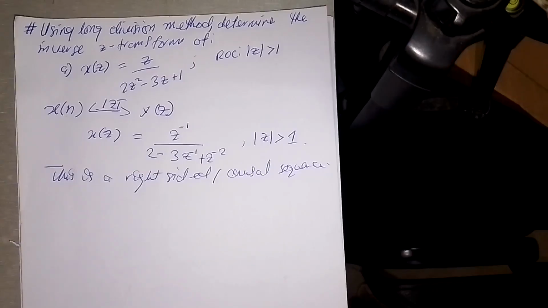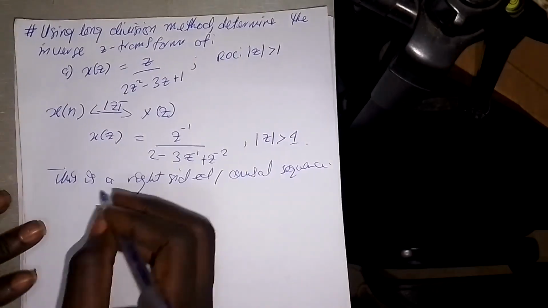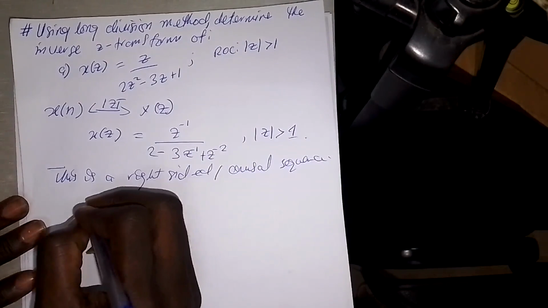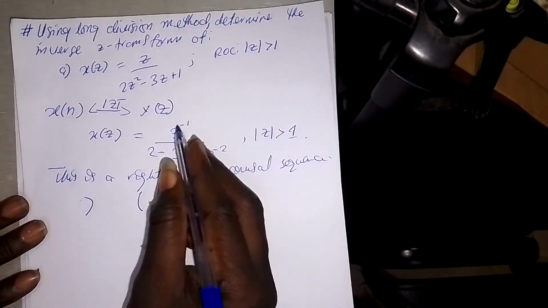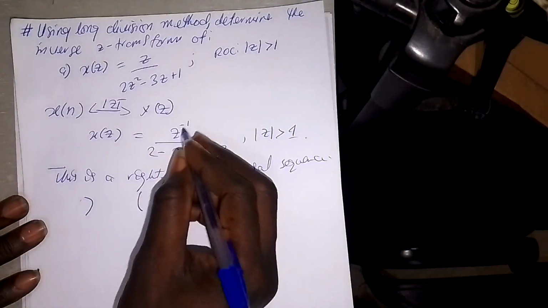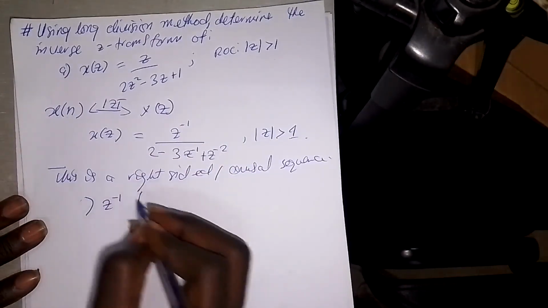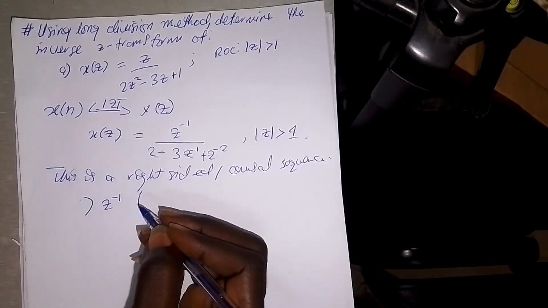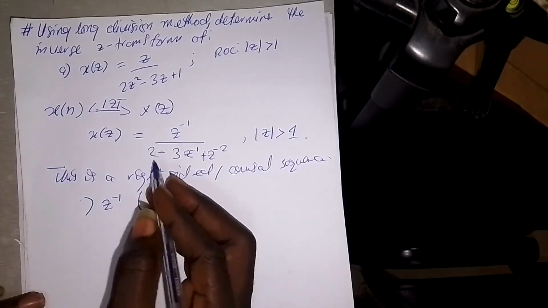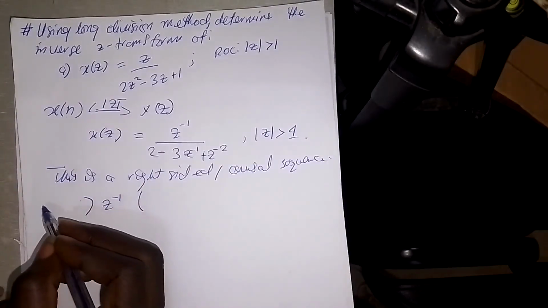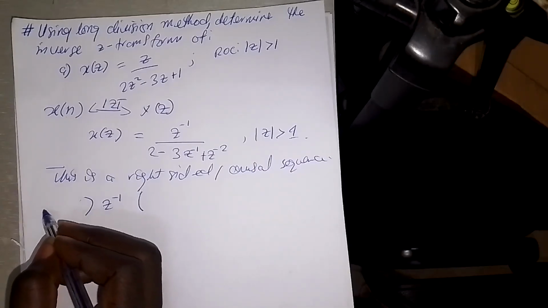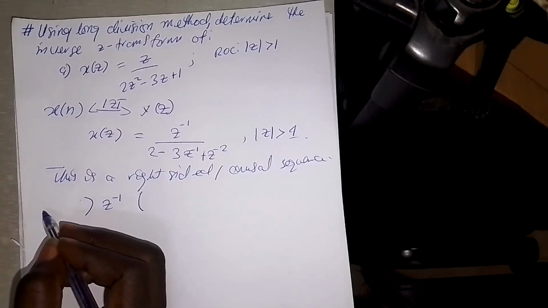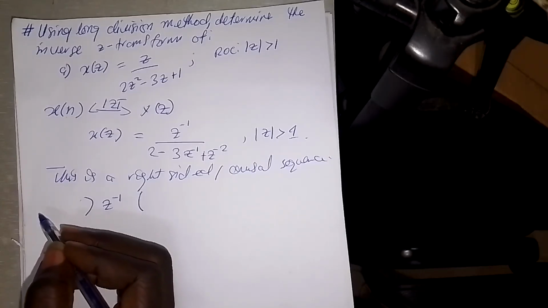In my long division, this place I'll write z exponent minus 1. And here I'll begin with the highest power of z.